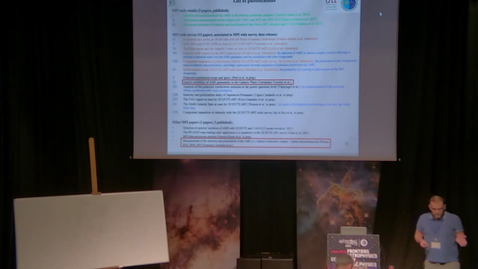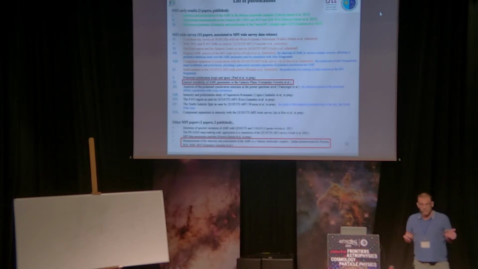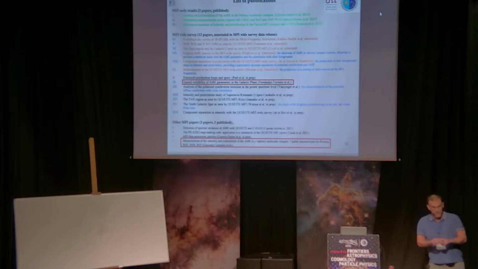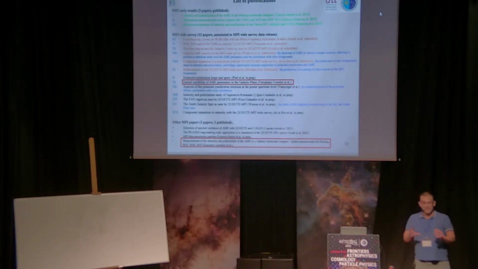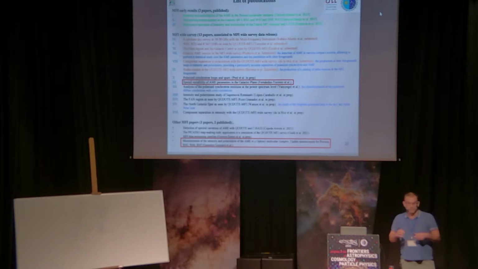And about the AMI, we are trying to understand what the AMI is. AMI seems to be strongly correlated with the thermal dust. It seems to be an emission that comes from the thermal dust, and it seems correlated with the velocity of rotation of the thermal dust grains, and there are 2 or 3 models that we are trying to use to understand in which way the AMI is working.